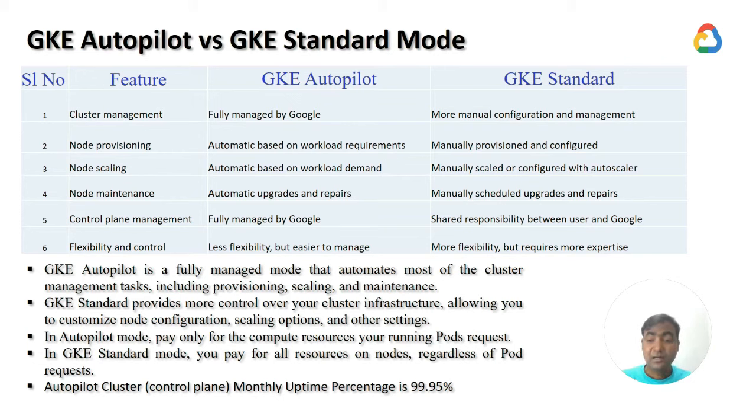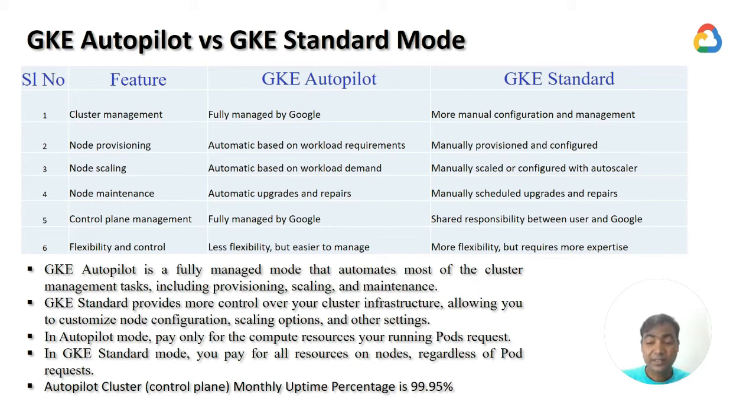If your team has good experience in Kubernetes and cluster management, and your team has workloads with variable and unpredictable resource requirements, then you should go for GKE standard mode. That is the best choice for you because you have good knowledge and a lot of experience in cluster management as well as in Kubernetes.